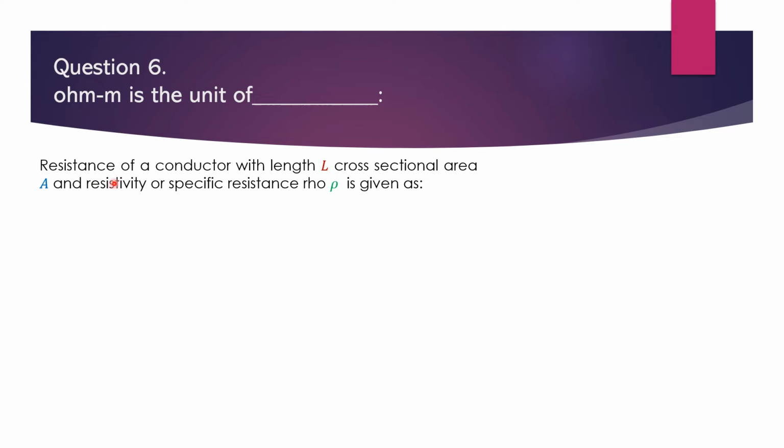Now the resistance of a conductor with length L, cross-sectional area A and resistivity or specific resistance rho is given as R is equal to rho times L over A.